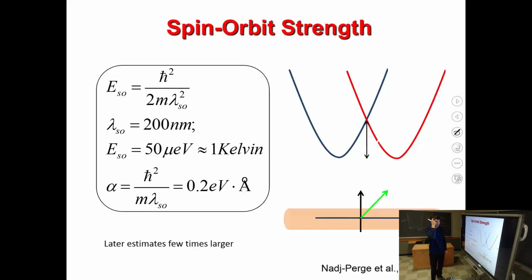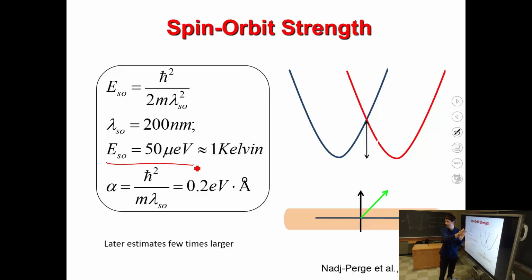Now, the spin-orbit interaction was measured in these nanowires in a couple of different ways. I'm not going to show you here, but it was extracted to be something like 50 microelectron volts strong. So what does it mean?